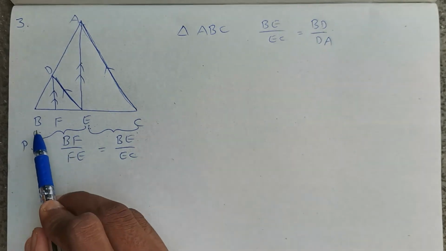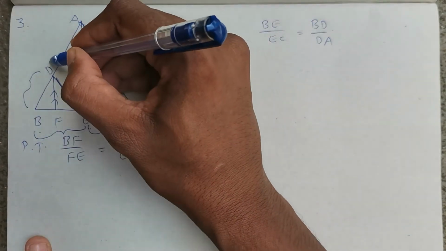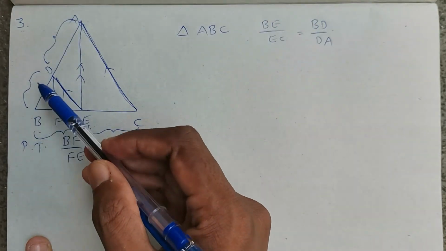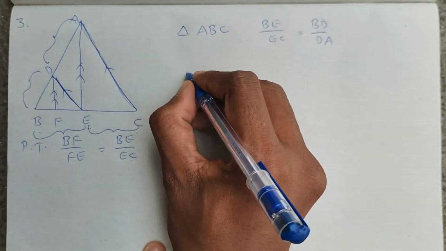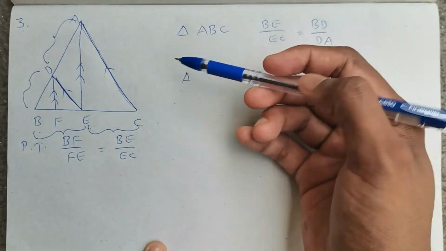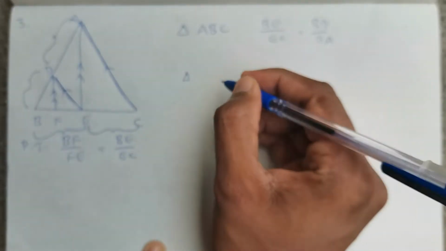So same, I am writing BE by EC. Then this DE is the line, so this will become the upper part and this will become the lower part, BD by DA.